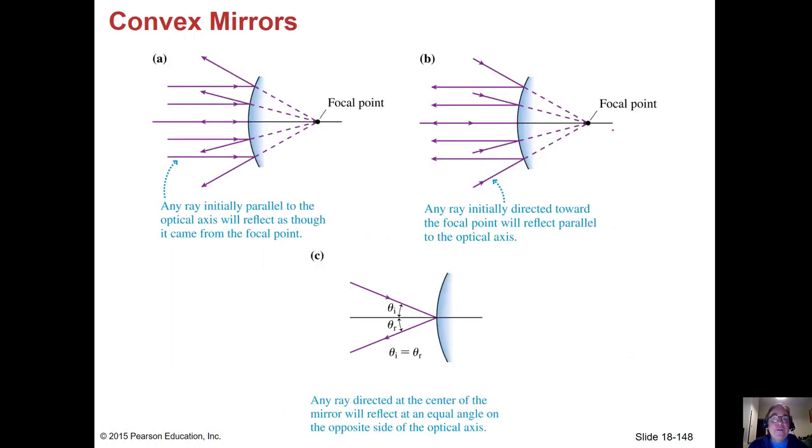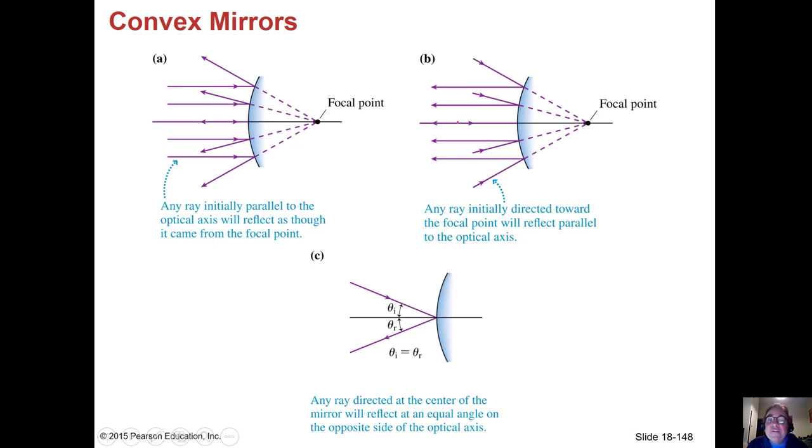Convex mirrors, just like diverging lenses, are a little trickier in my opinion to figure out where the actual image is going to form. Same idea though. Rays that come in parallel are going to reflect, and we can trace them back to where they seem to be coming from. Rays that are heading towards the focal point, so here's one heading towards the focal point.